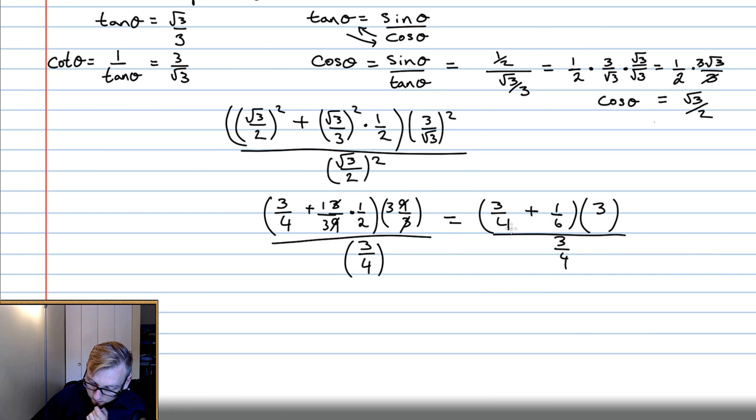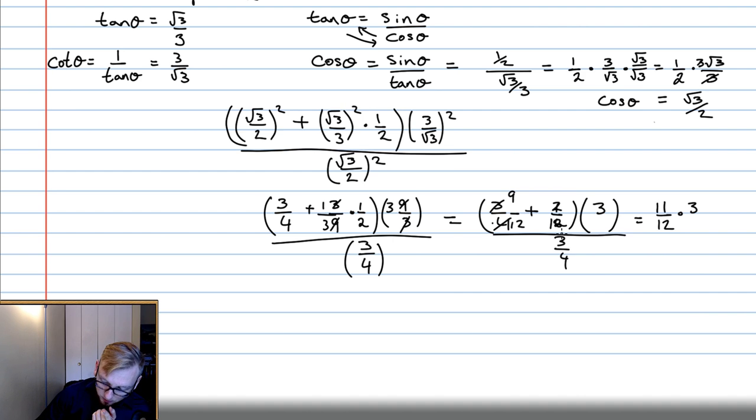Let's say 12. We multiply by 3 for this one would give us a 9 over 12. And multiply by 2 on this one gives us 2 over 12. So 9 plus 2 is 11 over 12. Times 3.